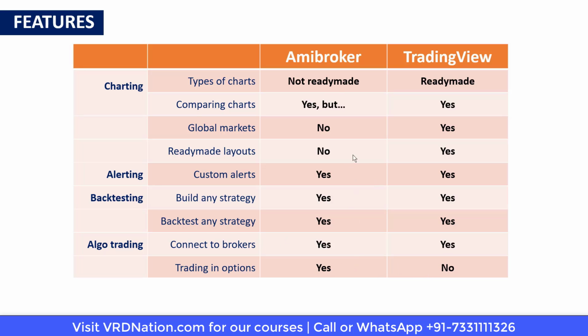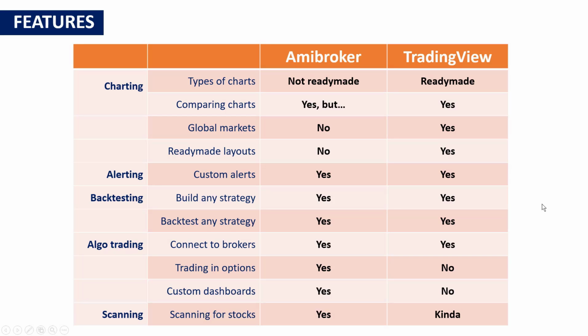But that is not the only area where Amibroker is superior to TradingView, right? You can also do a lot of things in Amibroker which cannot be done in TradingView. Now let me talk about the last criterion based on which I will compare these two applications. And that is extremely important if you want to trade in stocks, right? If you want to trade actively in stocks, you want to find out through your scanning functionality which are the stocks that are giving me the best opportunity to take a long position or a short position.